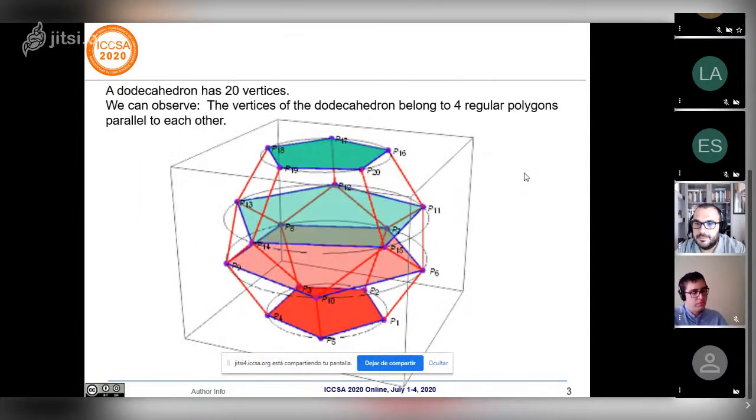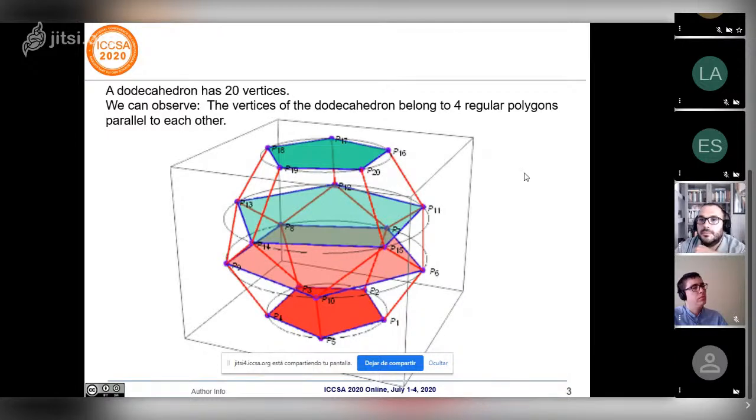The first question that comes up: can we construct a dodecahedron starting from a regular pentagon inscribed in a circumference of radius 1?